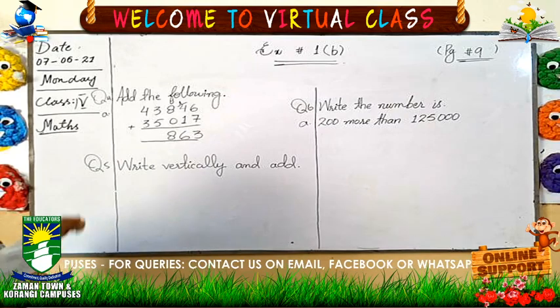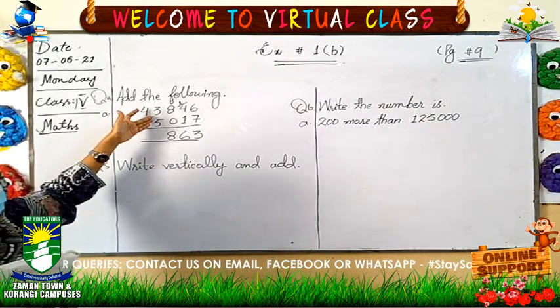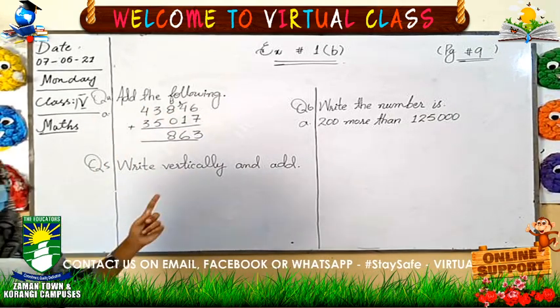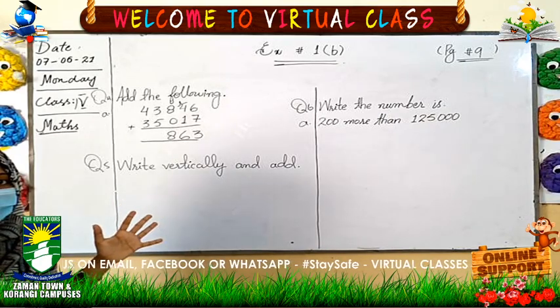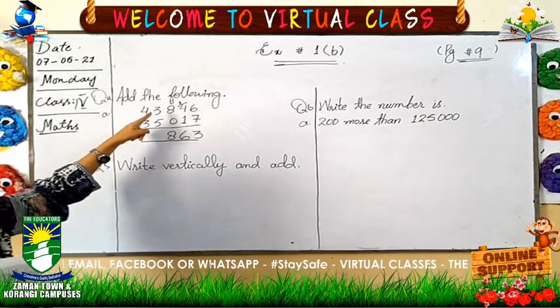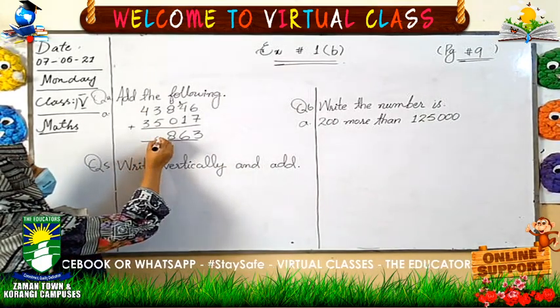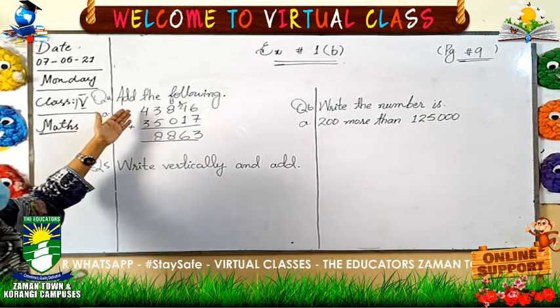Now comes the second one, where you have to add 5 into 3. Start adding 5 into 3: 4, 5, 6, 7, 8. When we add 5 into 3, it becomes 8. Now in the last we have 4 and 3.